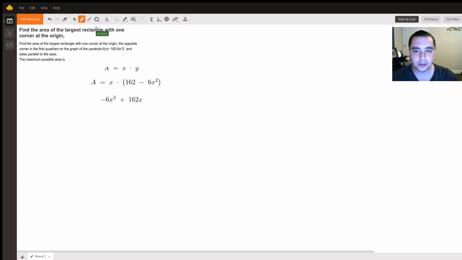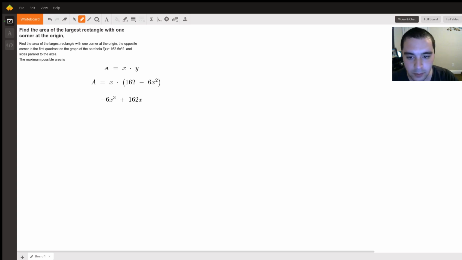Let's first take the derivative. Since this is a simple addition with linear terms, we just use the power rule: we take the exponent, multiply the coefficient by it, and reduce the exponent by 1.